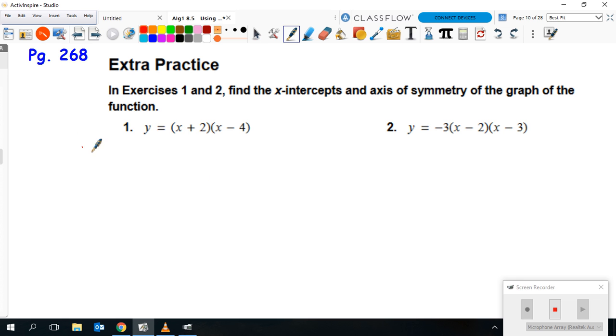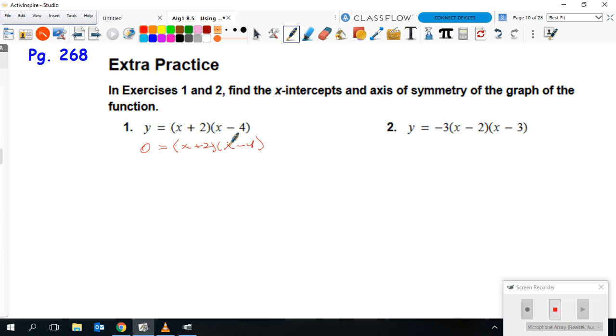So finding the x-intercepts, that's going to be finding p and q. So basically what we're going to do here is, what would we need to do if we plugged in 0 for y? We'll be able to solve this. And basically, since it's in factored form like this, each factor can be set equal to 0. So we can kind of start as 0 equals this x plus 2 times the x minus 4.